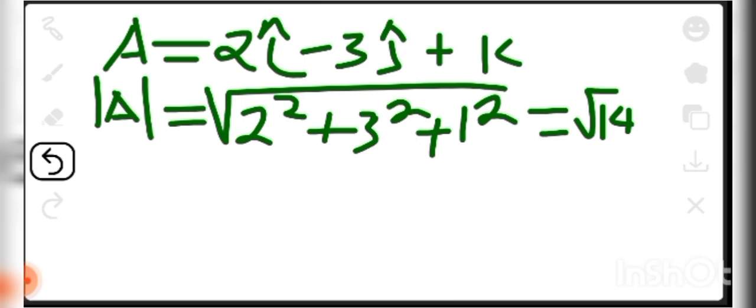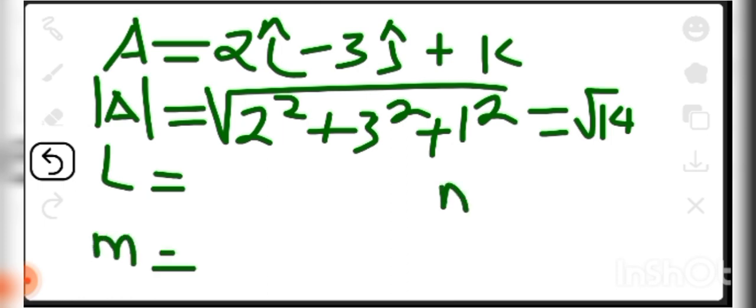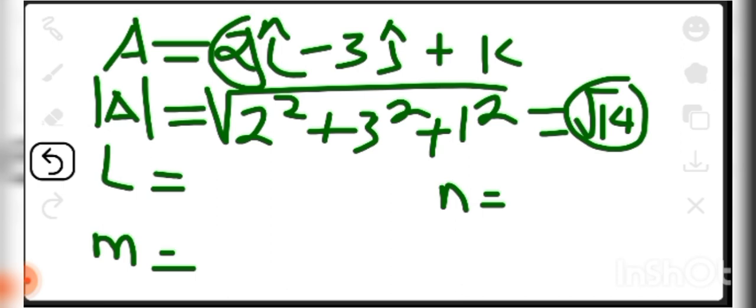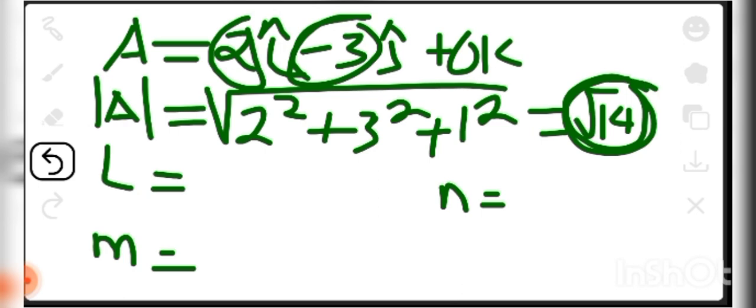So the direction cosine now, which is L, M, and N, will be, just look at them. L is the coefficient of i over this magnitude. M is the coefficient of j over this magnitude. Then N is the coefficient of k over this magnitude.